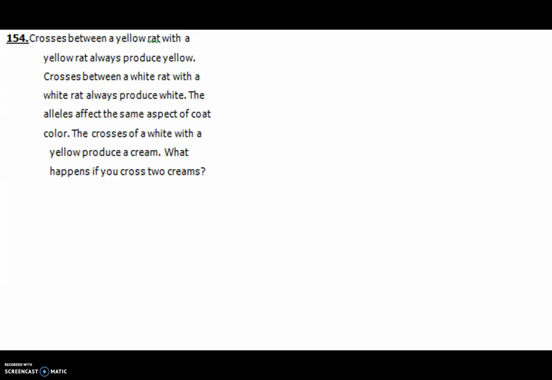Now, a cross between a yellow rat and a yellow rat always produces yellow. Okay, so I'm going to write that down. Yellow times yellow always gives yellow. That's kind of like blue eyes with blue eyes always giving blue eyes.